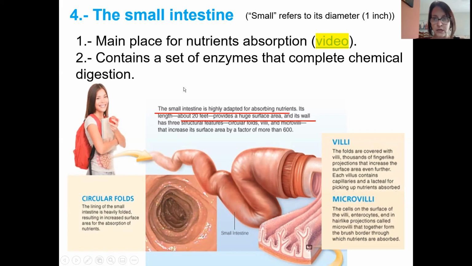And also here in the small intestine, we will have a set of many different enzymes that will allow for complete digestion of carbohydrates, proteins, and lipids. So the small intestine is the main place for absorption and also the place where chemical digestion, in terms of breaking down bonds in nutrients, is completed.